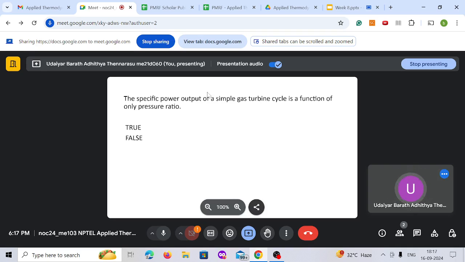We know the efficiency formula for the Brayton cycle: efficiency is given as 1 minus 1 by Rp, the compression pressure ratio, raised to the power gamma minus 1 by gamma. So it's just a function of pressure ratio, assuming your gamma value doesn't change.